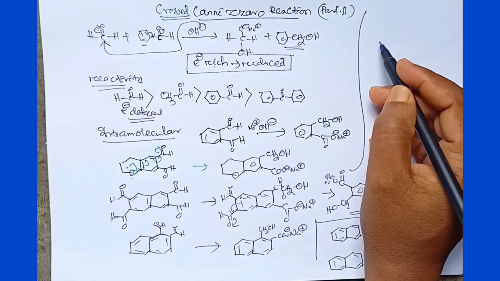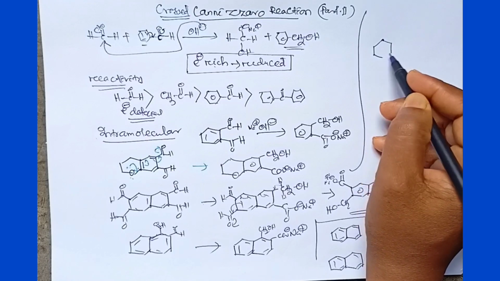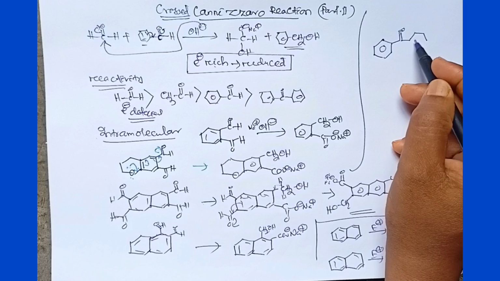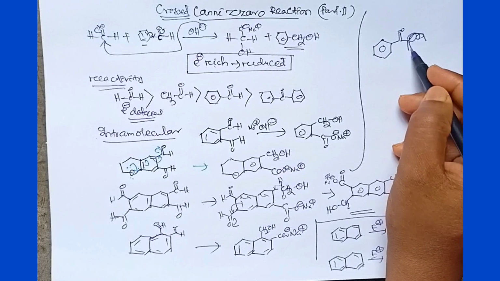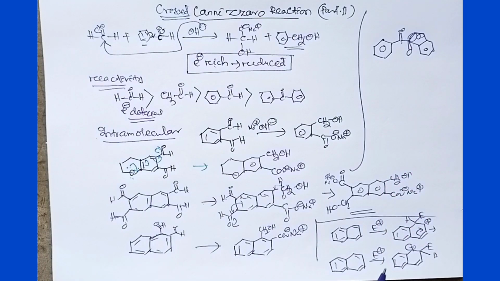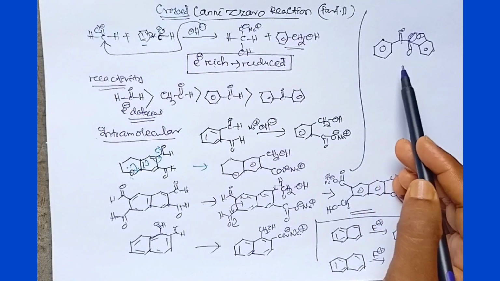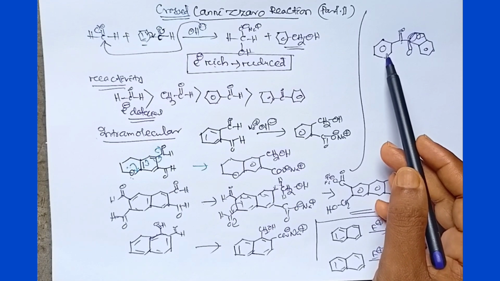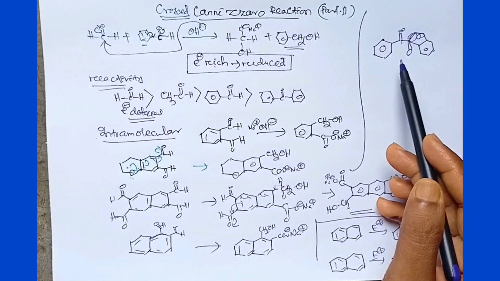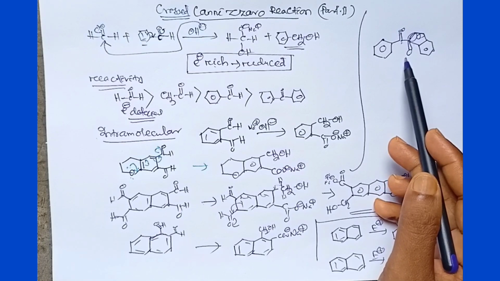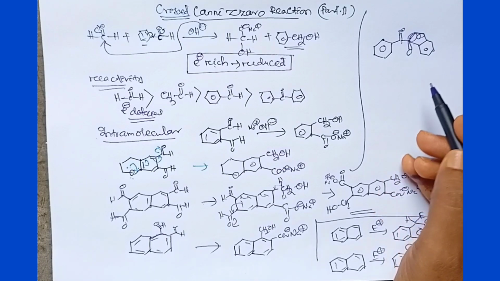For instance, I can take one more example. Suppose two carbonyl groups are present adjacent to each other. This will not undergo the Cannizzaro reaction, because the Cannizzaro reaction is only for aldehydes, not for ketones. Here the hydride shift will not take place, so the Cannizzaro reaction is not possible.